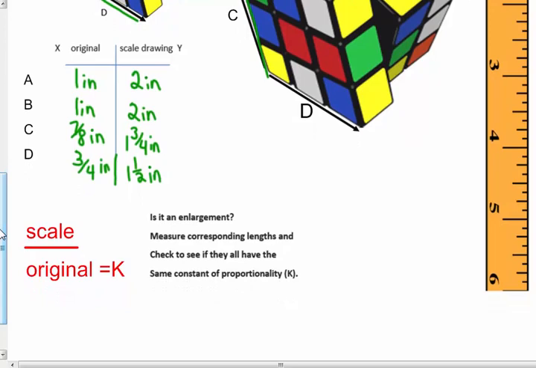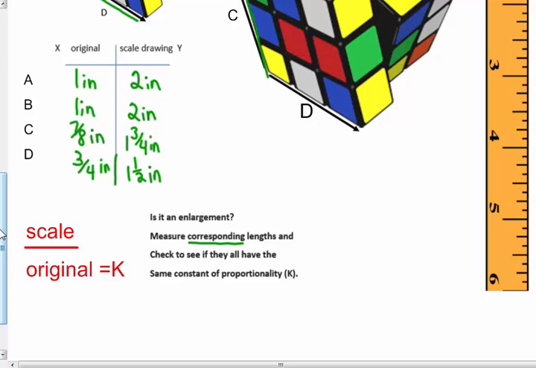Is it truly an enlargement? So measure all the corresponding lengths. So A corresponds to A. B corresponds to B. C corresponds to C. D corresponds to D. That's what it means by corresponding, matching sides. So don't measure D and then compare it to C in the original picture. So check to see if they all have the same constant of proportionality.